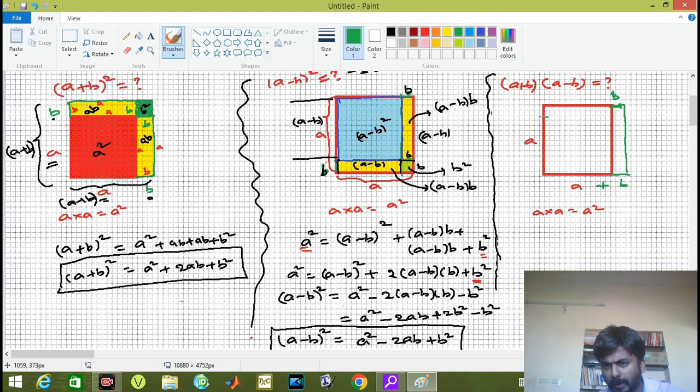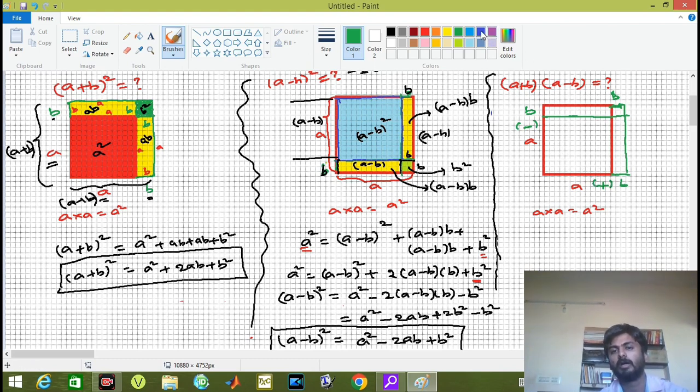So I am going to subtract the same b units here. This is b, I want to subtract, so this is called a minus b. This is a plus b and this is a minus b.